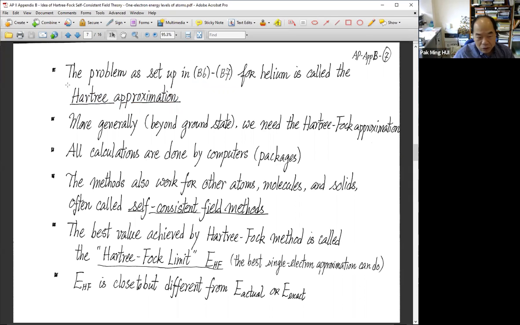What I just told you falls under the name of Hartree approximation. It is also part of the idea behind something called the self-consistent field method. Self-consistent means the thing that I just told you, okay? The field means the wave function.